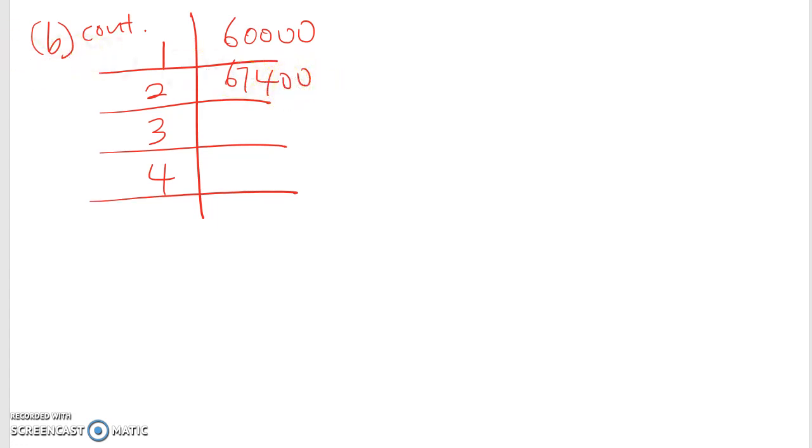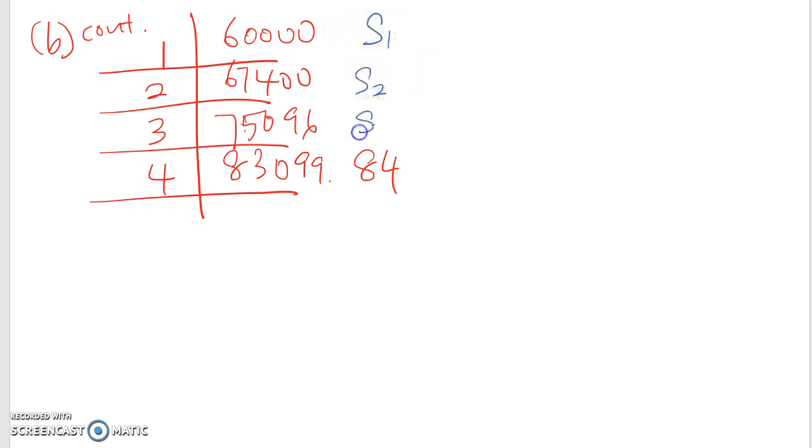And after this, you would see 75096, 83099.84. Okay, so what do all these numbers mean? This here, this is S1, that's S2, that's S3, and this here is S4.